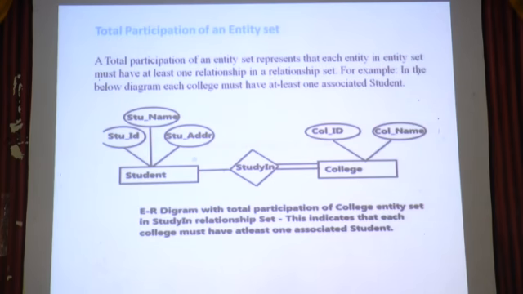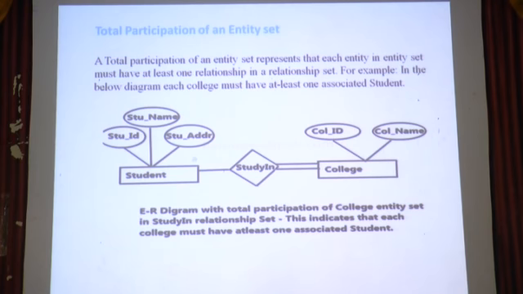Then the last one is total participation of an entity set. Total participation of an entity set is represented by a double line in this diagram. It represents that each entity in the entity set must have at least one relationship in a relationship set. For example, in this diagram, each college must have at least one associated student.